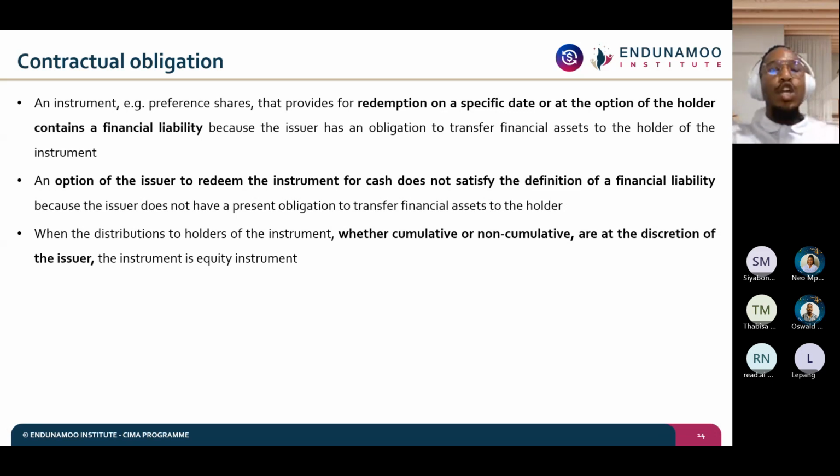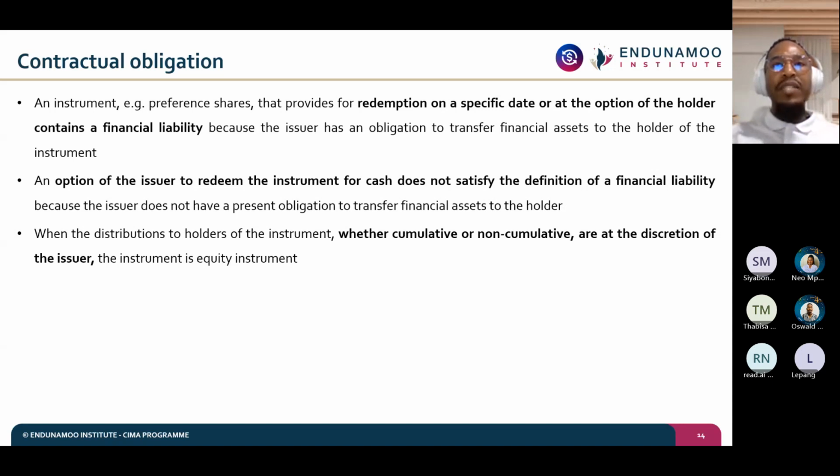On the other hand, you could have a contractual provision that says in 5 years' time, the preference share may be redeemed at the option of the holder and not yourself. So that means on the 24th of April, 2029, when the holder comes to you and says, "Here is our preference share agreement that we entered into 5 years ago.